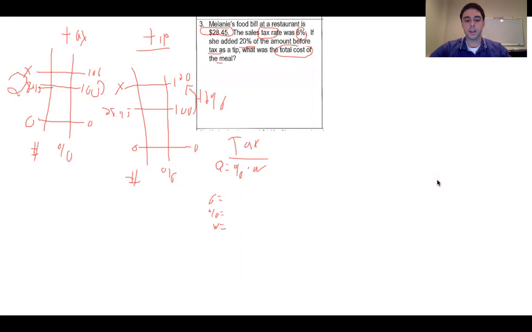What is our whole going to be here? Awesome. Yep, correct. 28.45. Great. Whole is going to be 28.45. That is our original bill.